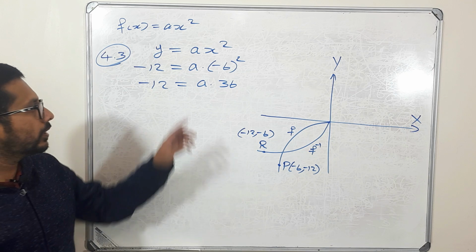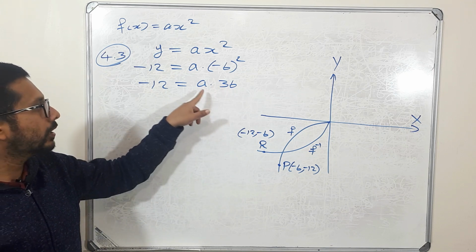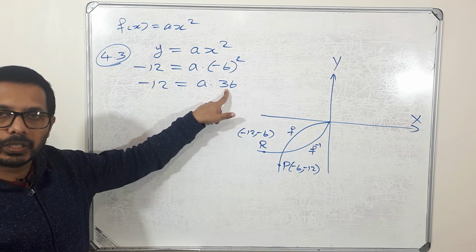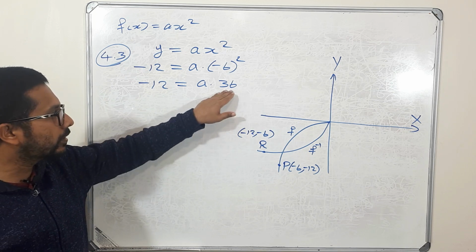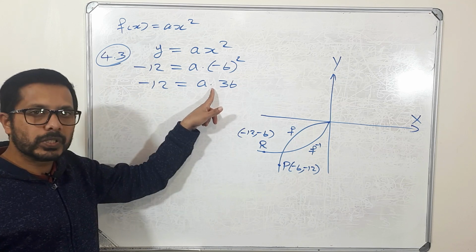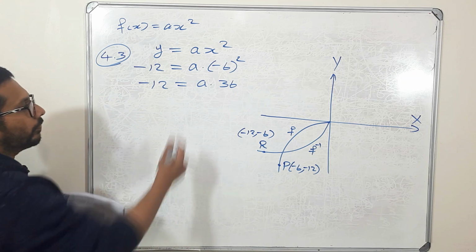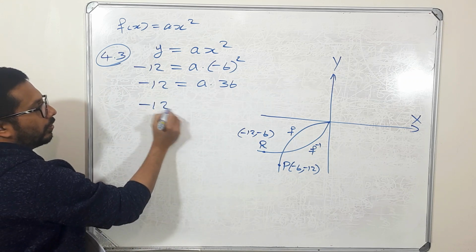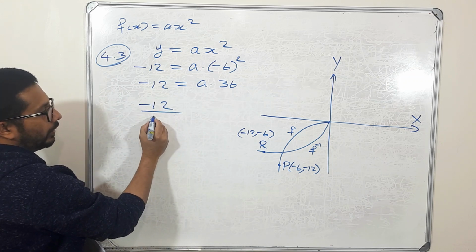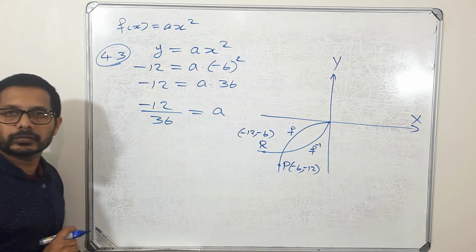So here look at this one, a times 36. Since it is times here on the right side, if I want to take this 36 to the left side, what must I do? Here it is times, so on the left side it is division. Okay, so what is that one? -12 divided by 36 is equal to a.